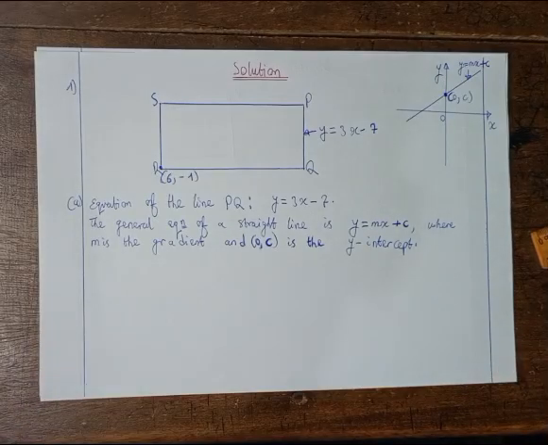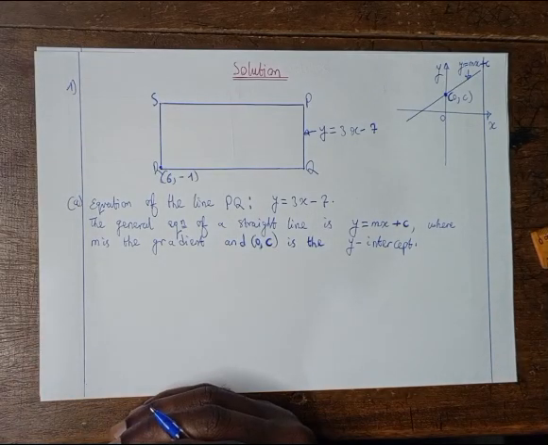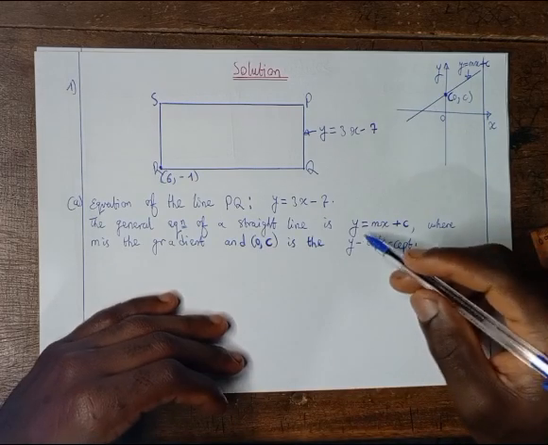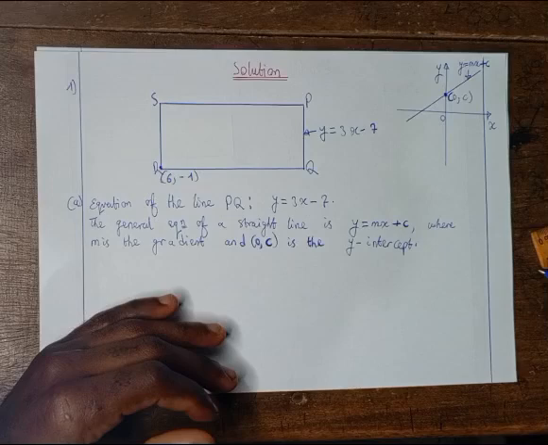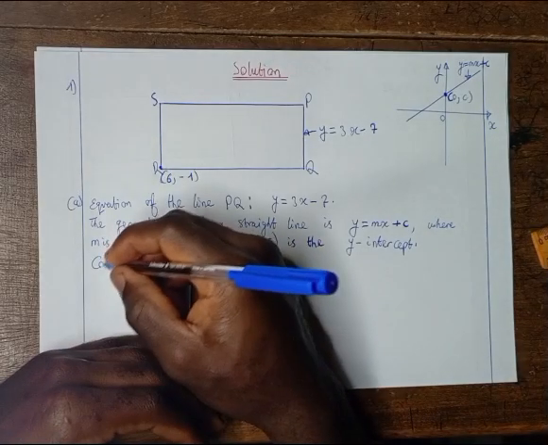Now, for us to find the gradient of this line, the first thing we need to do is compare the line y equal to 3x minus 7 with the general equation of a straight line y equal to mx plus c.